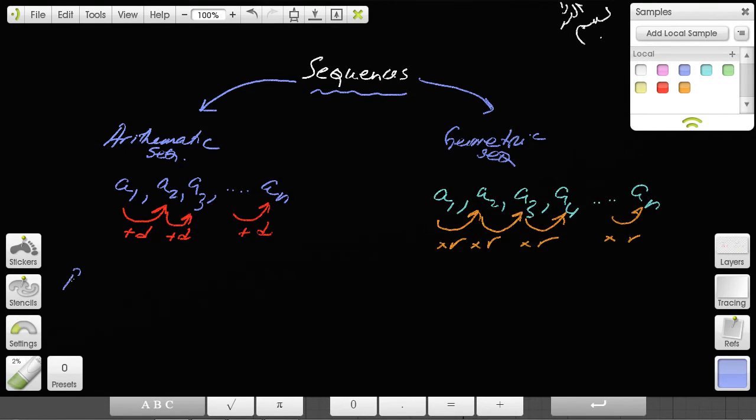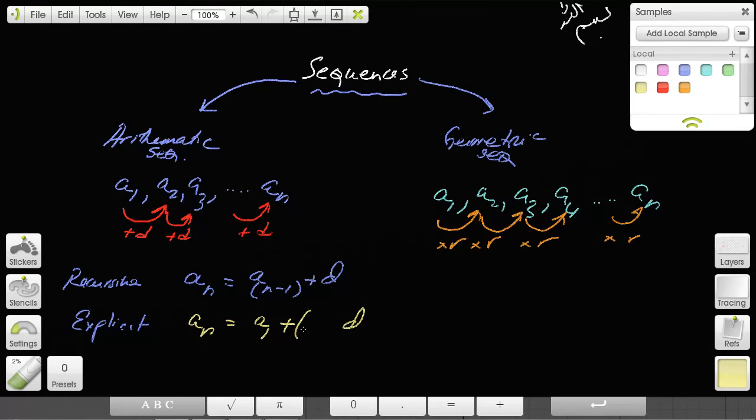Okay, and then the recursive rule for an arithmetic sequence is easy enough. A sub n depends on a sub n minus 1, and you just add one more common difference. And the explicit rule for an arithmetic sequence was that a sub n depends on the first term, plus you add a certain number of d's. How many d's? N minus 1 d's.